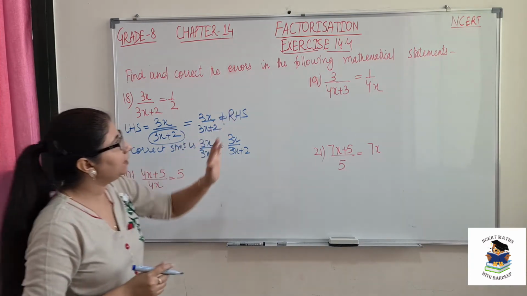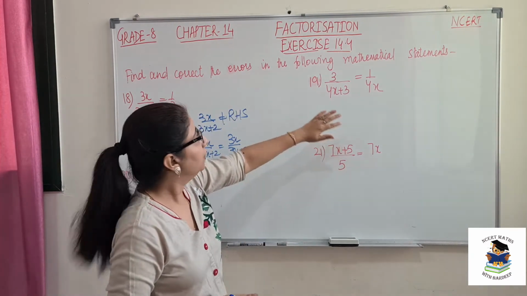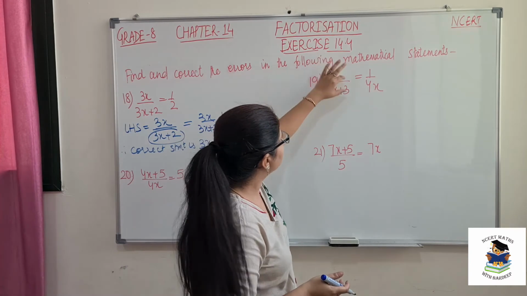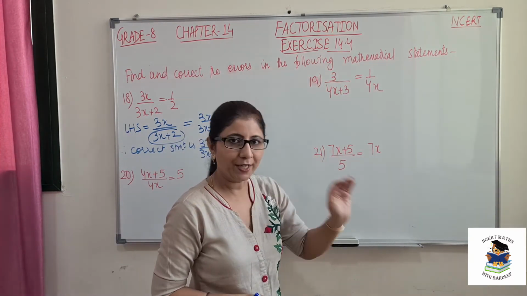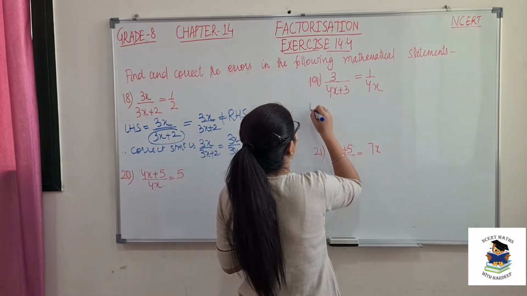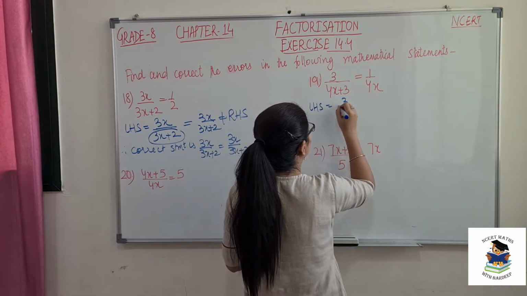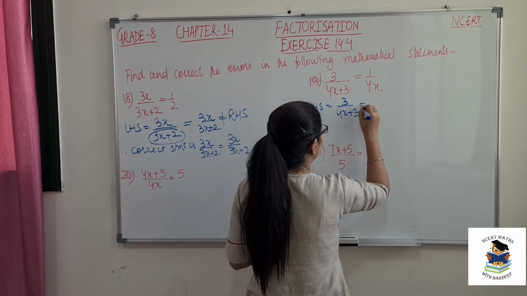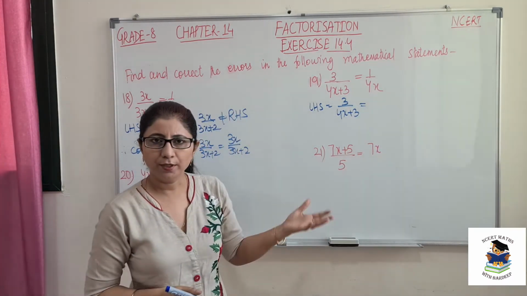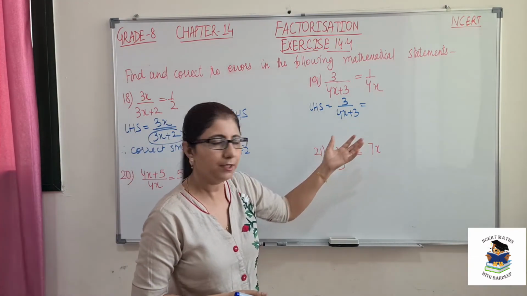Okay, so the 19th question is again the same. What they have done is this 3 is cancelled with 3 and only 1 by 4x is left. So again wrong. So we will write the left hand side is equal to 3 over 4x plus 3. Since the denominator already has two terms, we cannot split it further.